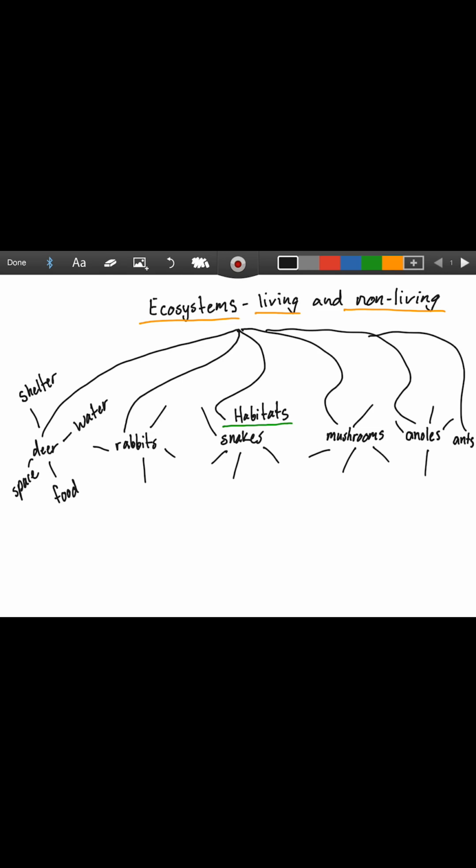I found it very difficult, maybe because I did not have too much experience with wildlife. So the first piece of knowledge that I can remember for being able to tell the difference between an ecosystem and a habitat was that an ecosystem is larger, and you have a bunch of habitats inside an ecosystem. Okay, so make sure you copy this, and let's continue.